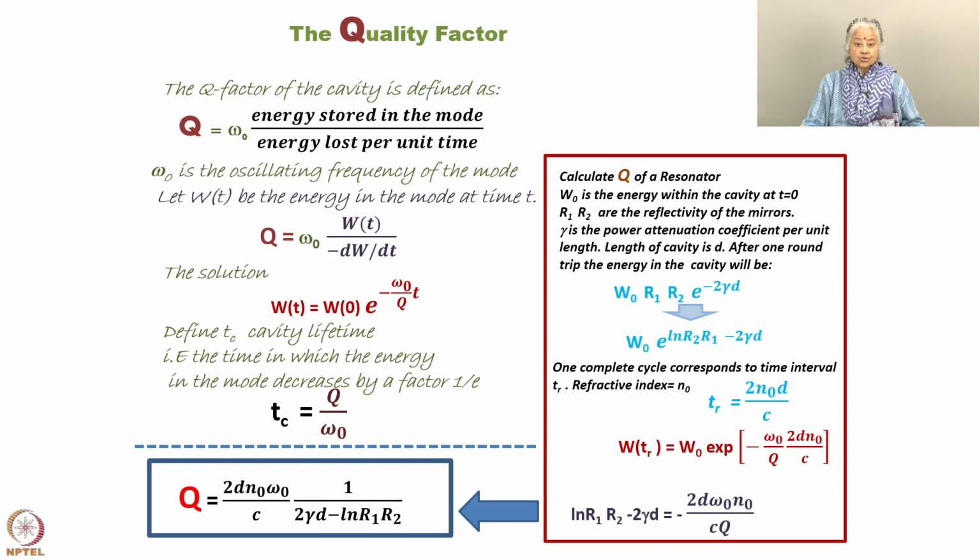The Q factor of a cavity is a dimensionless property, but it describes how good or how bad your resonator cavity is, within the duration of one cycle.